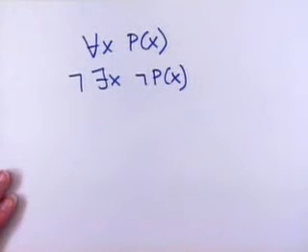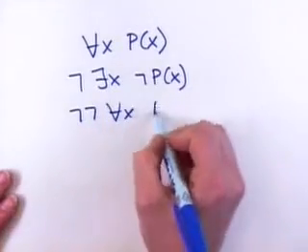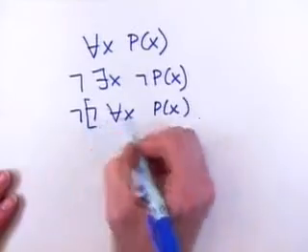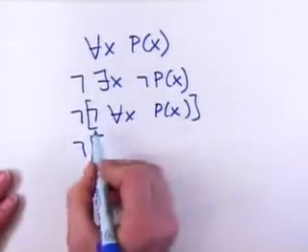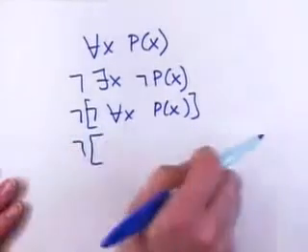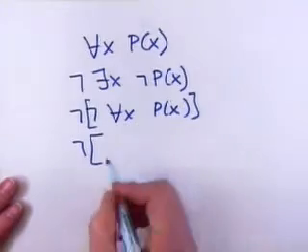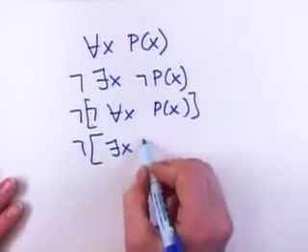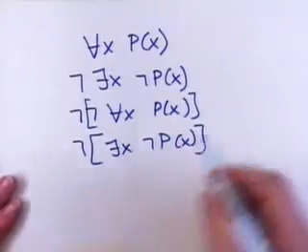If I couldn't do that in my head, I would do double negation and then apply De Morgan's. So I would have written not for all x, p of x, and then done De Morgan's on this. What I do is I pretend this not shoots through, and it switches everything that it sees. And it goes through all the possible things. So it would be there exists, and it also negates p of x. And these are the same here.